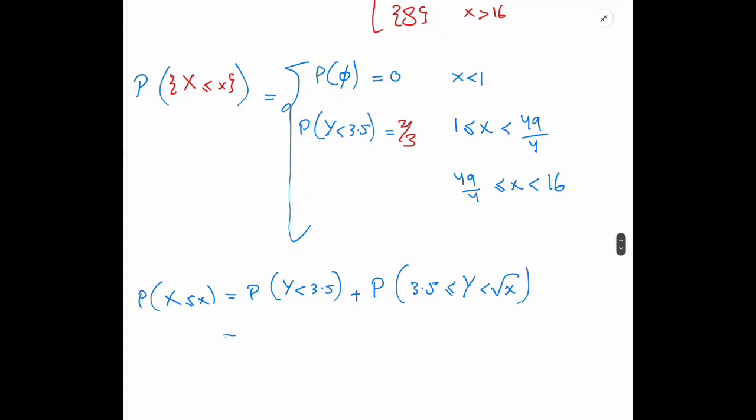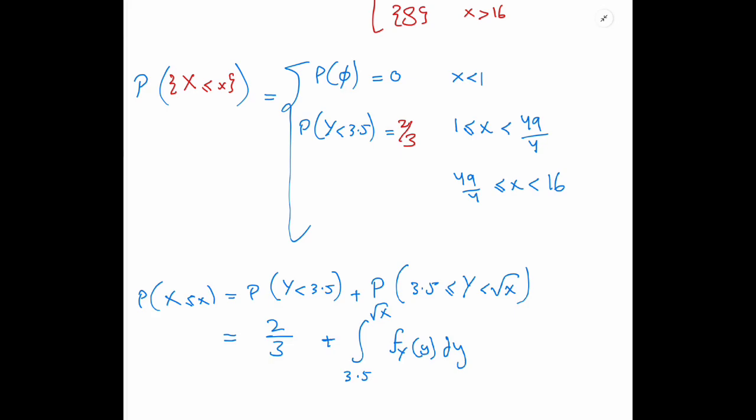We already know the first term, which is 2/3, plus the integral of the PDF from 3.5 to root x of f_Y(y) dy. Since x is between 49/4 and 16, this interval is between 3.5 and root 16, which is 4.